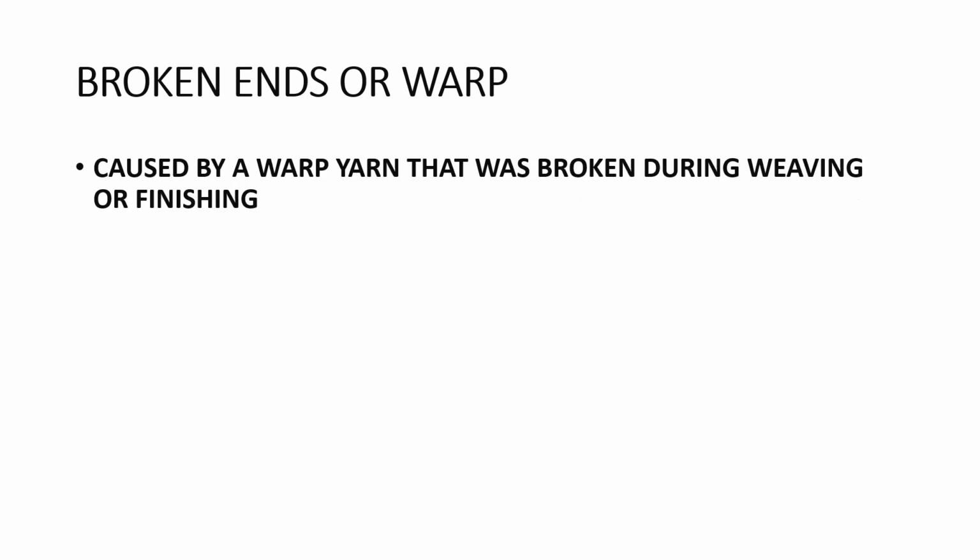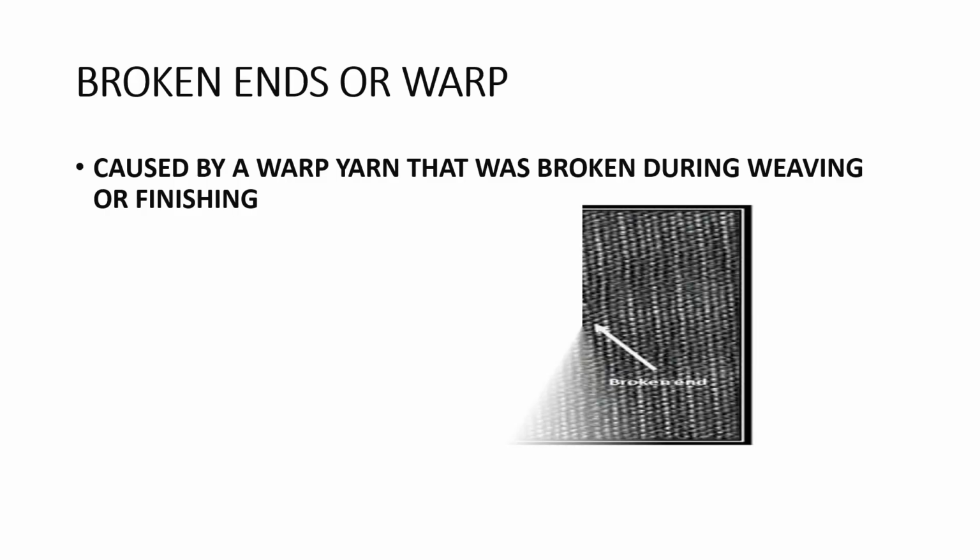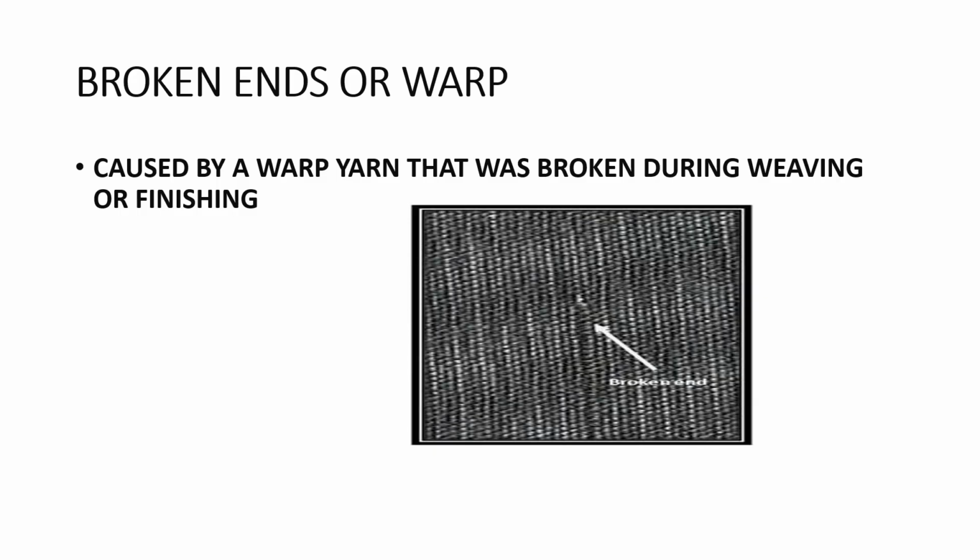Now let us see another kind of defect which is also very common in the industry and is identified during inspection, called broken ends, in the warp. It is due to warp yarn that was broken during weaving or finishing, and the appearance is like this.